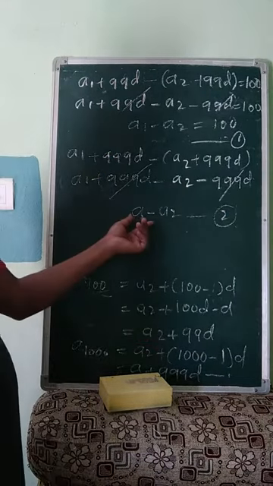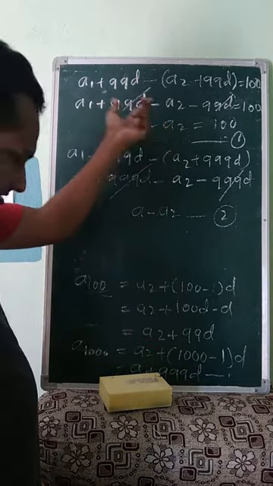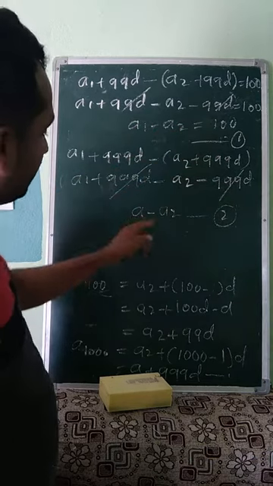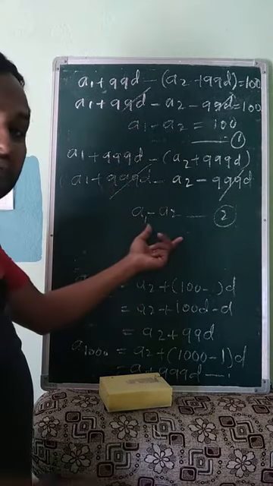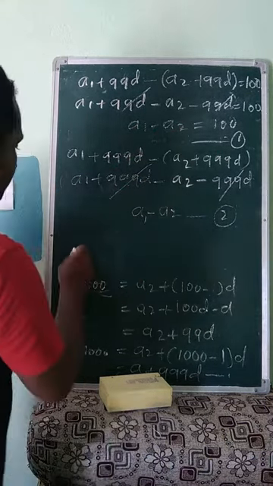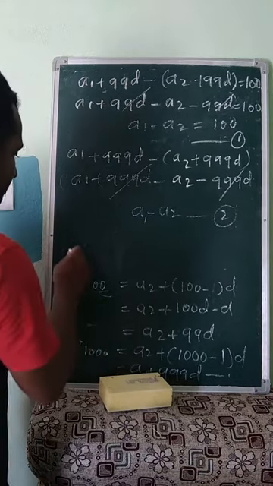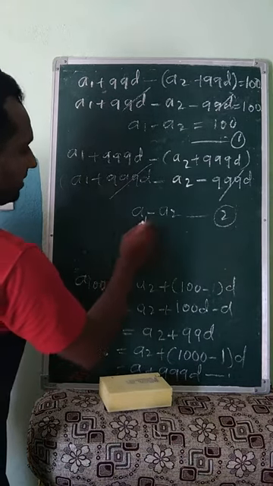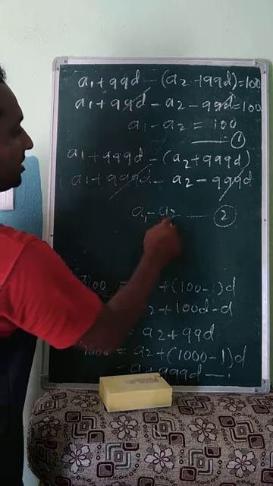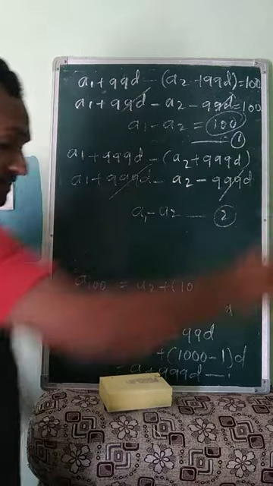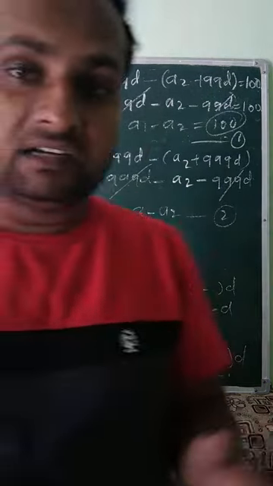Now see that A1 minus A2 means how much here? Yes, that is 100. Now this is the difference between the 1000th terms. So A1 minus A2 is also 100. Now what can you conclude here?